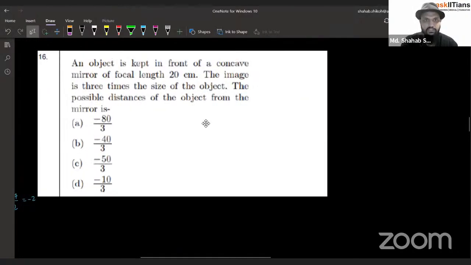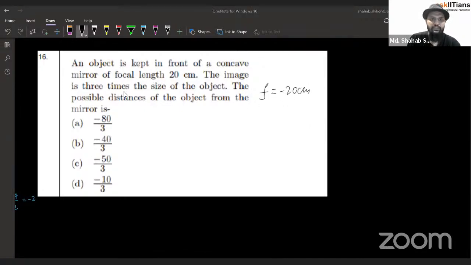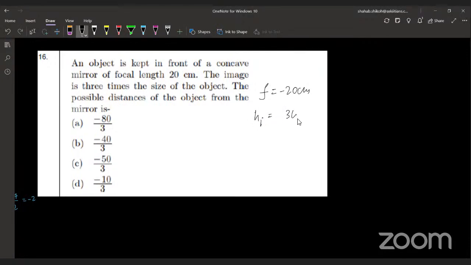Read the question. An object is kept in front of a concave mirror of focal length 20 centimeters. So focal length is minus 20 centimeter. Why I'm taking minus? I think every one of you can understand. Yes, concave mirror. The image is 3 times the size of the object. Image height is 3 times the height of the object.